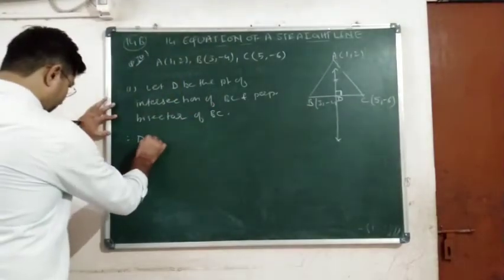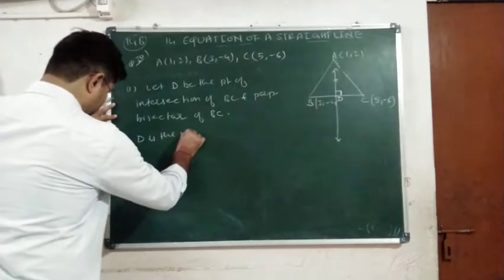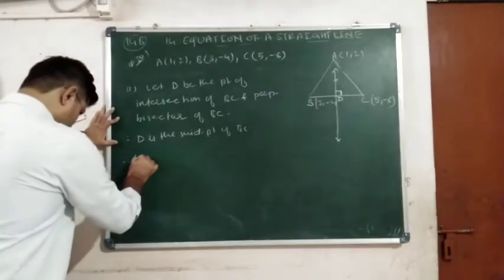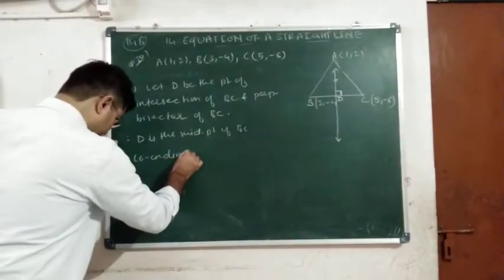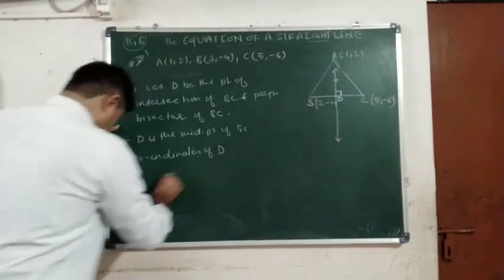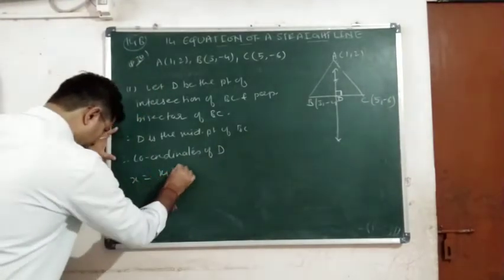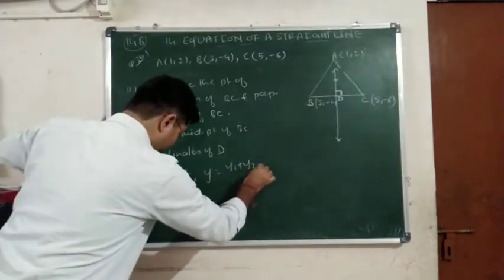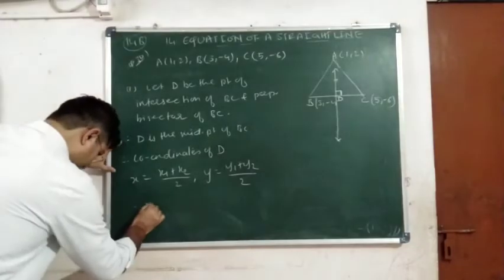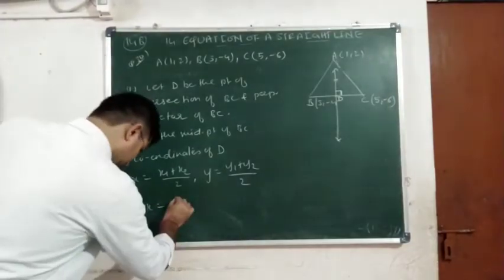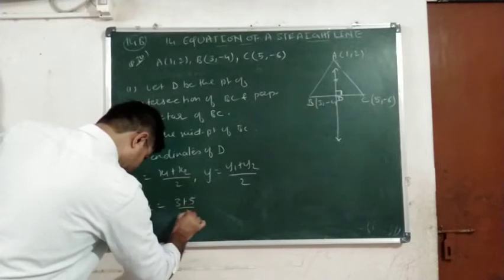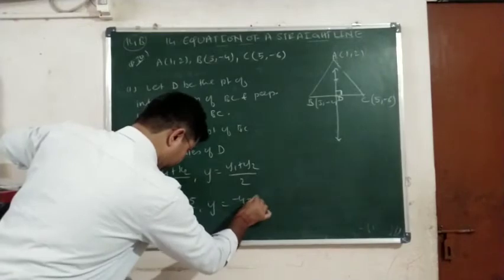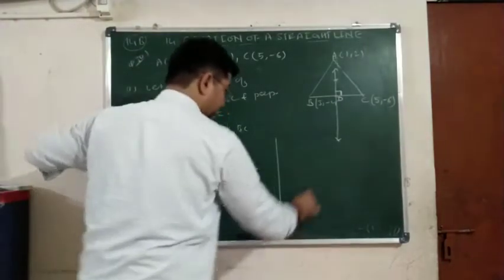Okay, and therefore we will write down that D is the midpoint of BC, and therefore coordinates of D will be x is equal to x1 plus x2 upon 2 and y is equal to y1 plus y2 upon 2. Let us put the values: 3 plus 5 upon 2 and y is equal to -4 -6 upon 2.